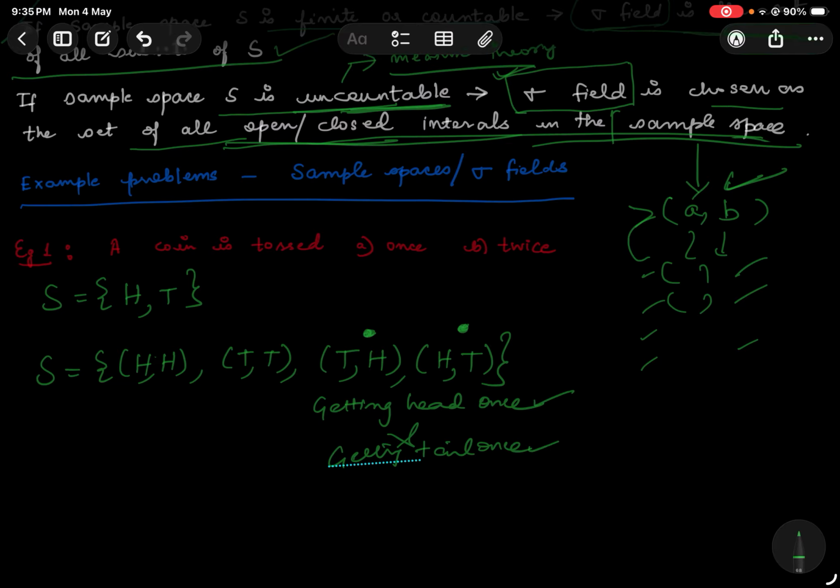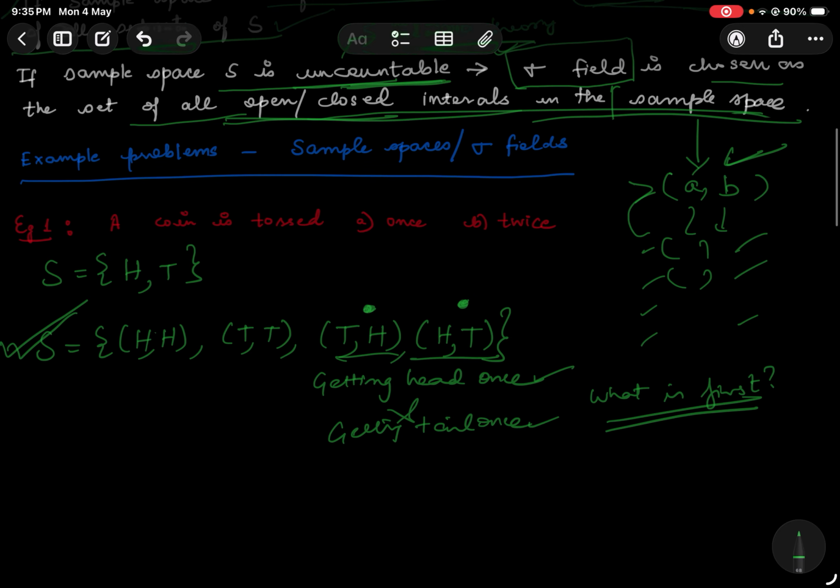Yes, they are both once, but what comes first? Order is important. Order is important because if you don't look at the order, then the probabilities you define will be wrong. And we will revisit this and I will explain to you why, if you don't consider these as two different cases, how the probability will go wrong.